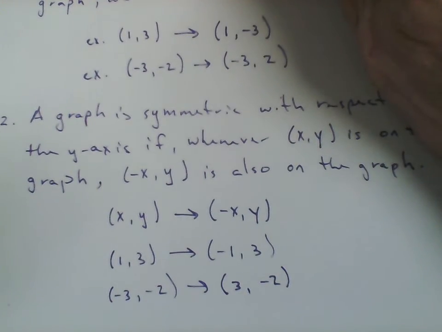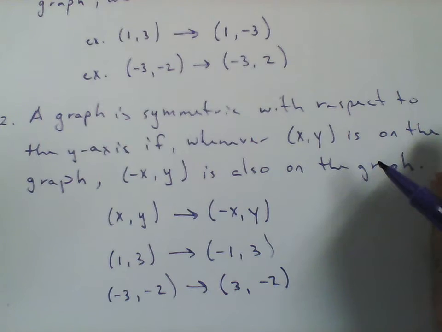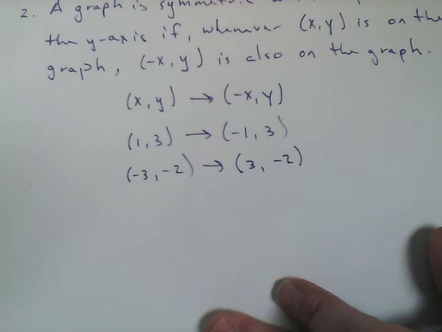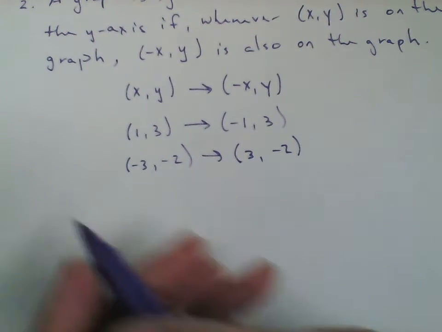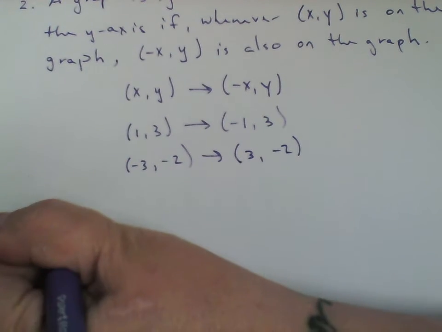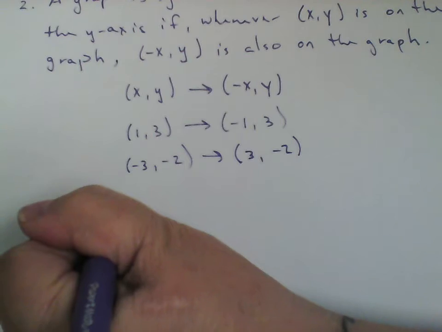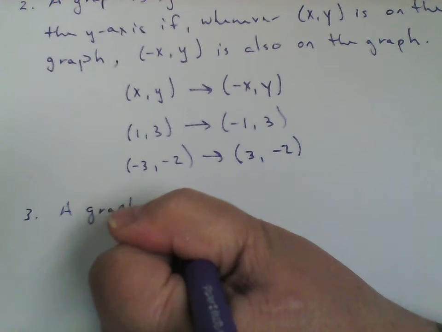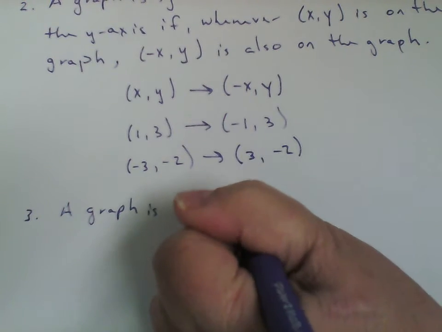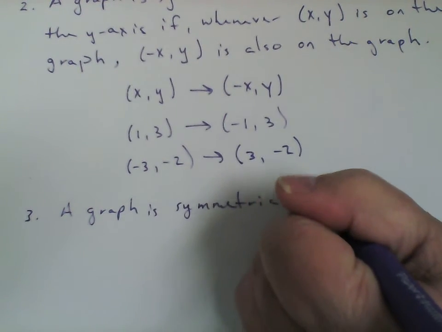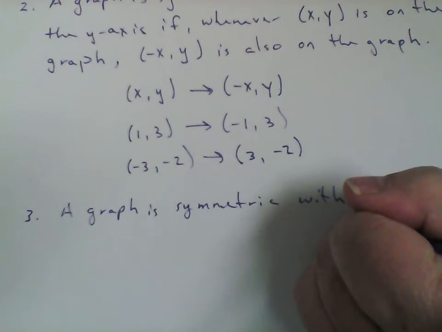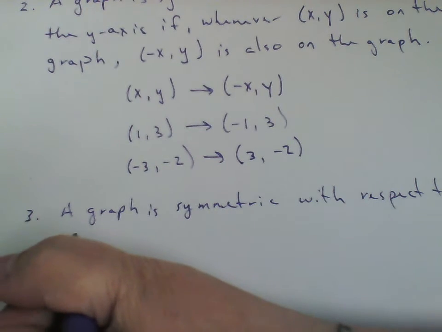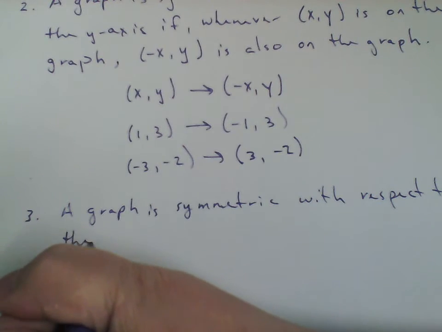So now we've learned how to show symmetry about the x-axis, symmetry about the y-axis, and the last one we have to show is symmetry with respect to the origin, right? So a graph is symmetric with respect to the origin.